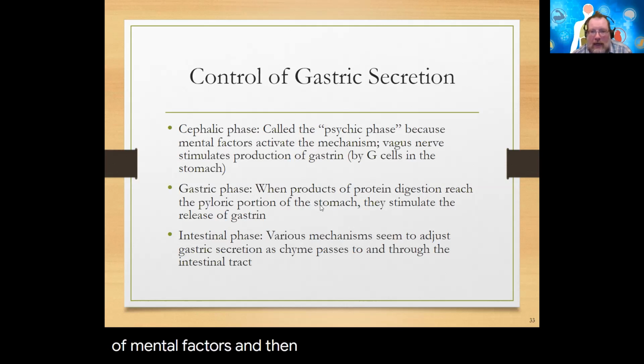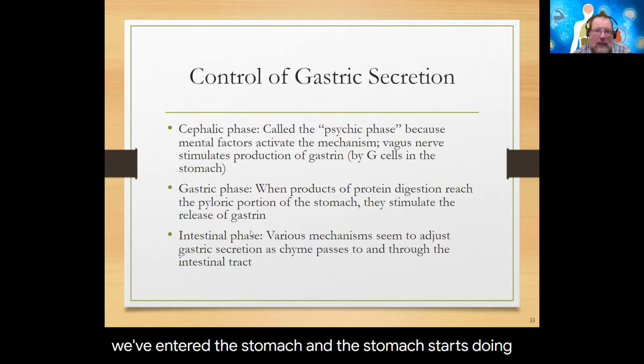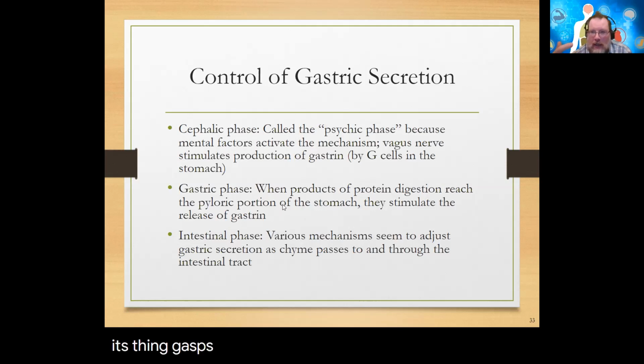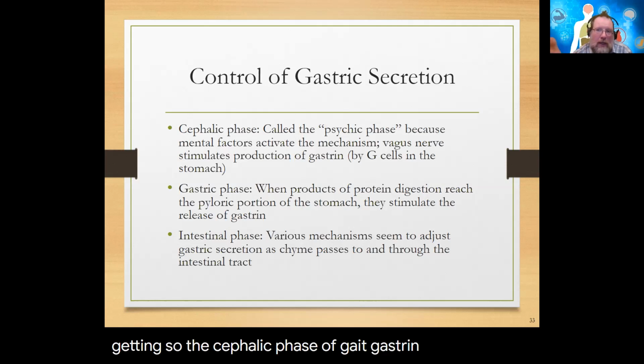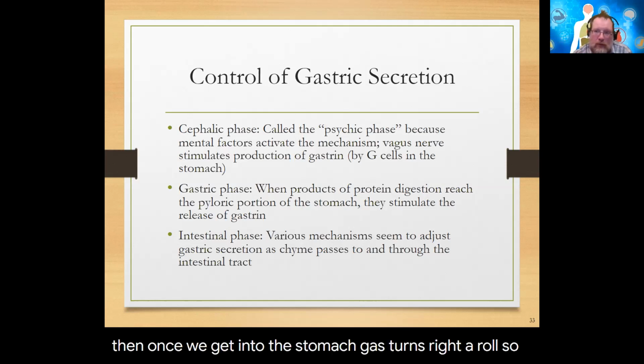And then the gastric phase occurs once we've entered the stomach, and the stomach starts doing its thing. The cephalic phase will get gastrin triggered. And then once we get into the stomach, gastrin's ready to roll. So it gets released.